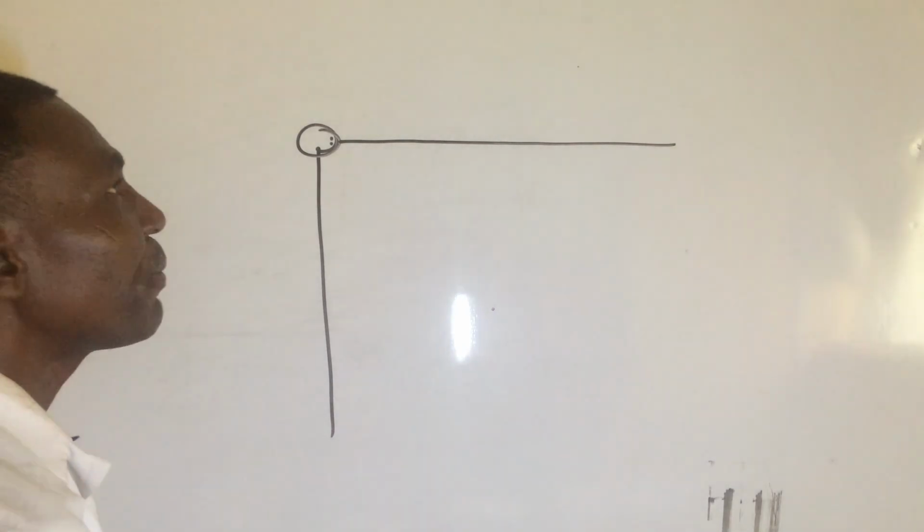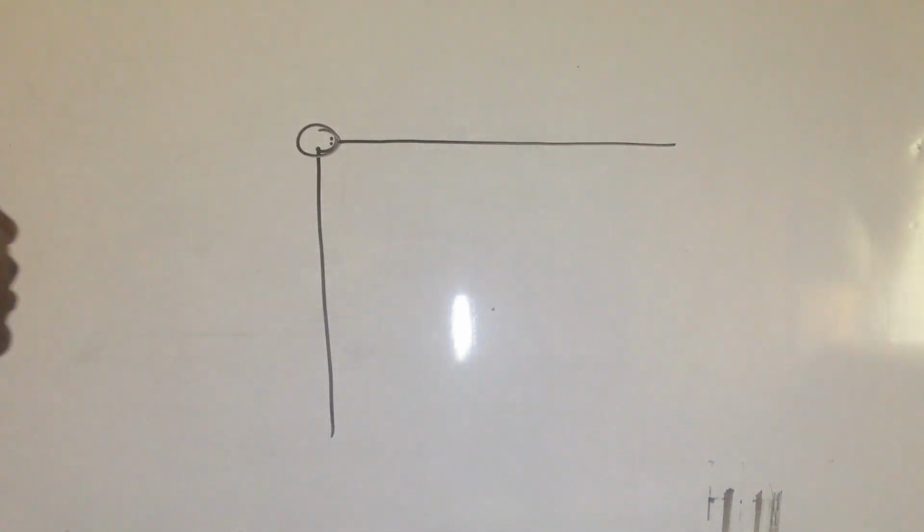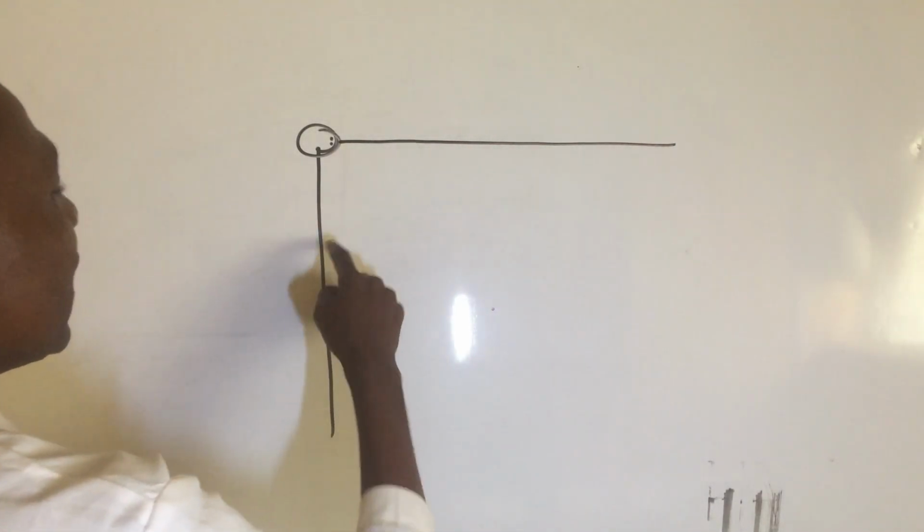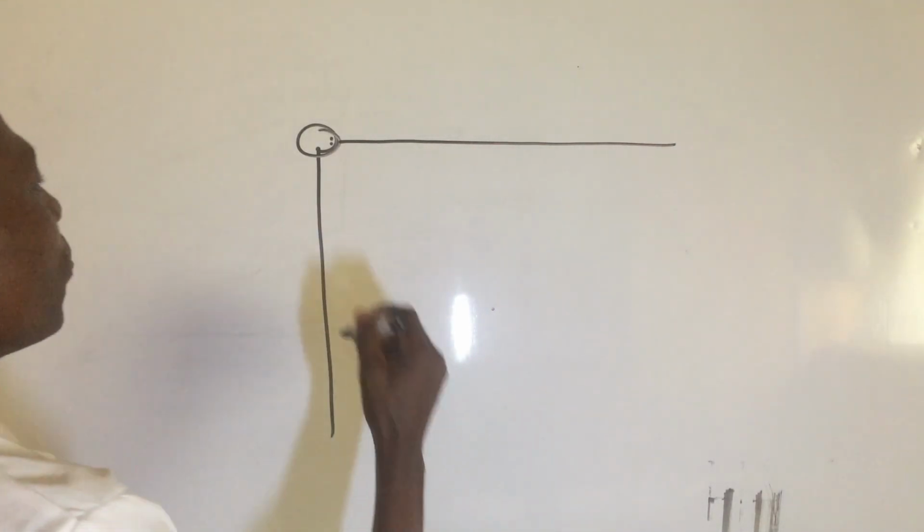Now, if you want to measure the angle of elevation, it is a process where you will be looking up. It is the angle above your eye level. This is the eye level of this human being, then the angle of elevation is the angle above it.